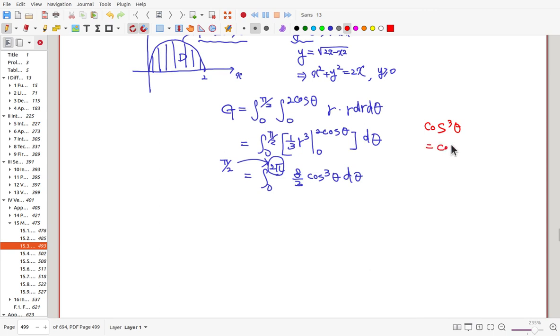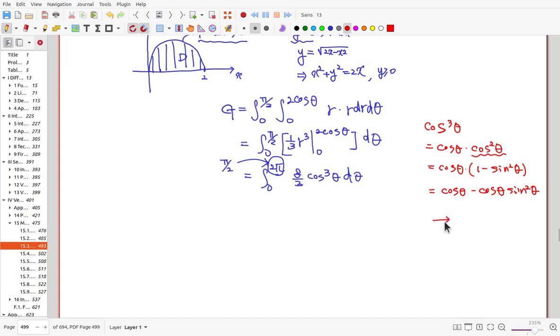That is cosine theta times cosine squared theta, and cosine squared theta is the same as 1 minus sine squared theta. Now we can expand: cosine theta minus cosine theta sine squared theta. For each one, you can get an antiderivative.